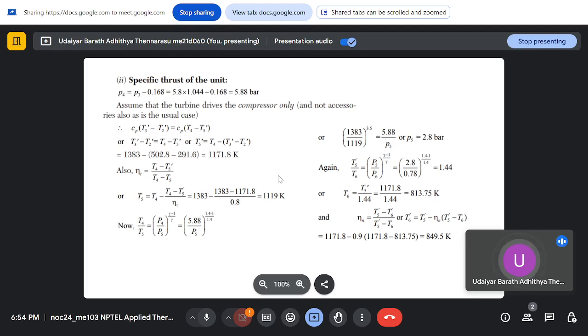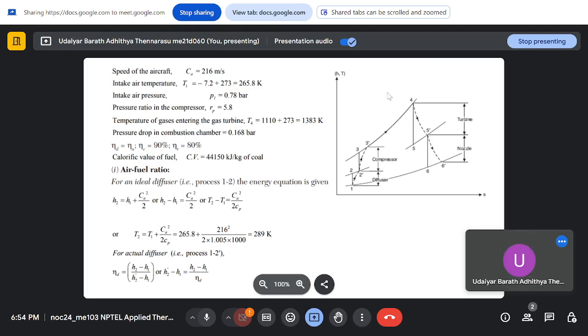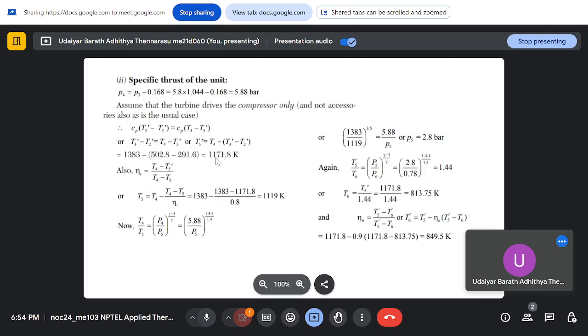Because the mass flow is the same, I can straight away write Cp T3 dash minus T2 dash. So if you go back to the process described in an HS chart or a TS chart, 3 dash to 2 dash is the compressor process and 4 to 5 dash is the turbine process. So this should be equal. So Cp T3 dash minus T2 dash, the compressor work, equals Cp T4 minus T5 dash.